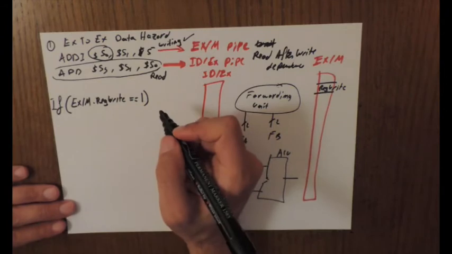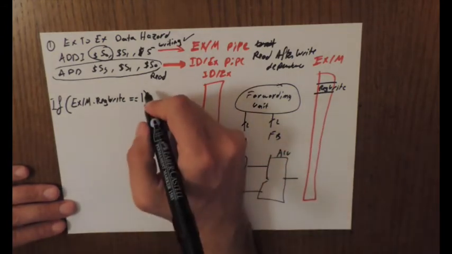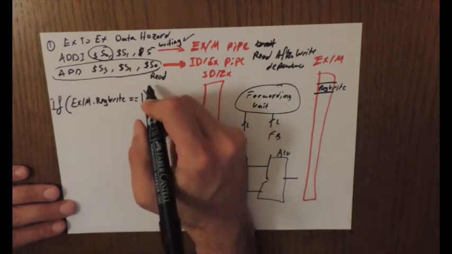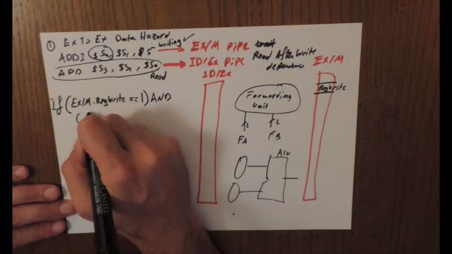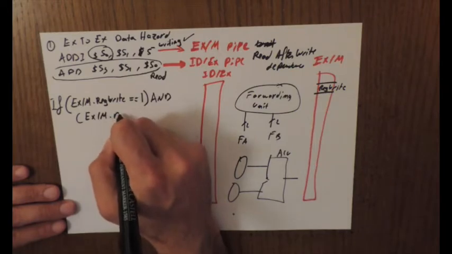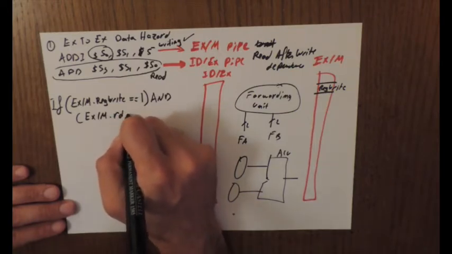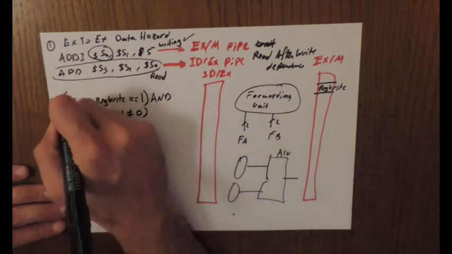However, there is a special case where I cannot write to register 0 because it's hardwired to 0. So I need to incorporate this, and I'm going to say and EX over memory dot RD not equal to 0.